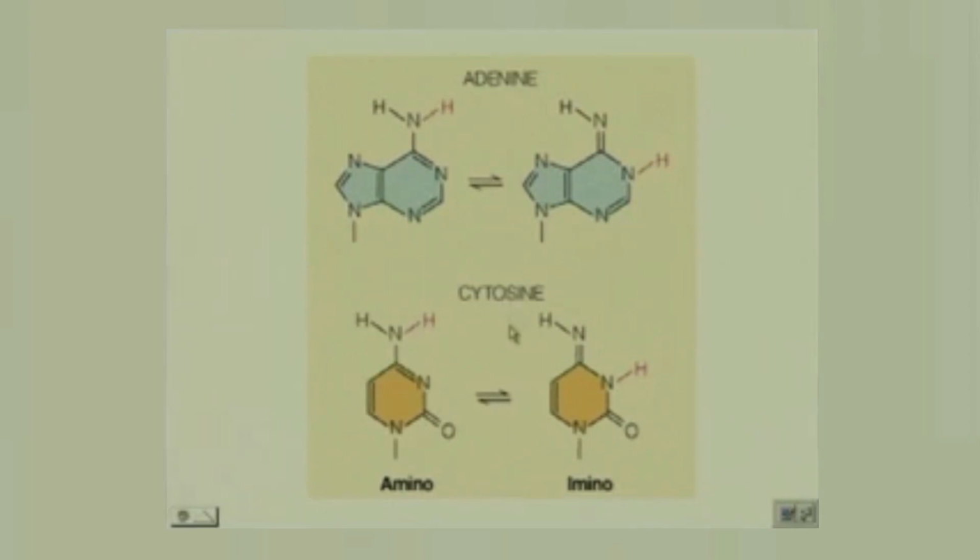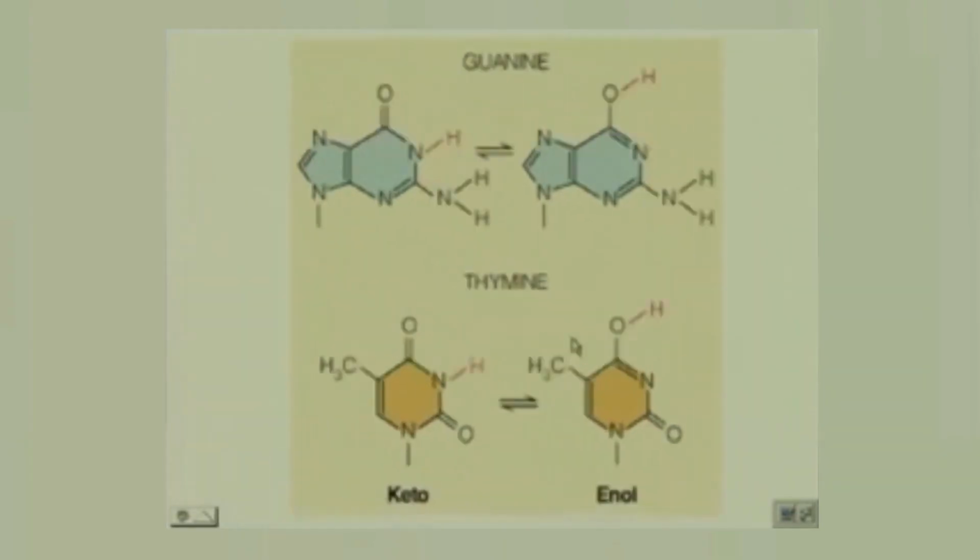So when we have A and C, we have amino-imino type of tautomerization, but when we are talking about guanine and thymine, we have keto-enol type of tautomerization, where the keto group here becomes OH. In guanine, the purine, and in thymine, the pyrimidine, again we have the double bond O, and the adjacent H goes to the keto C double bond O to form the enol.